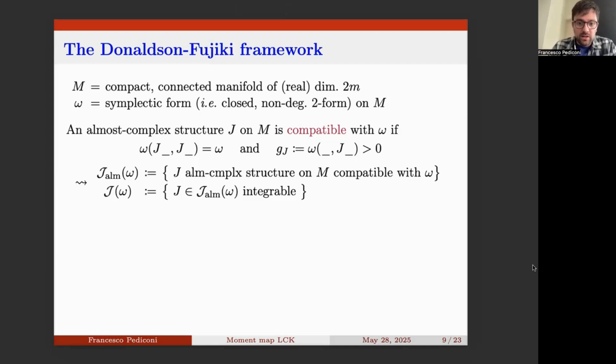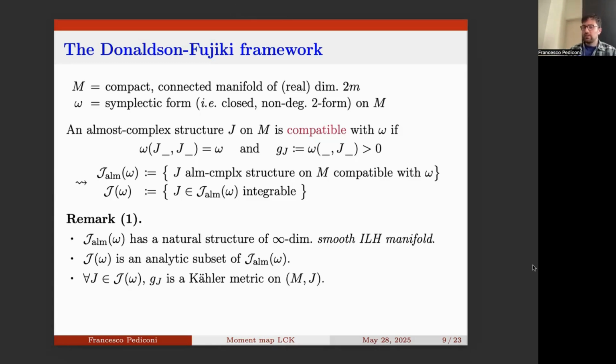Actually, you can consider the set of all the almost complex structures of M that are compatible with omega in this sense, and also the subset J_omega of those almost complex structures that are integrable.